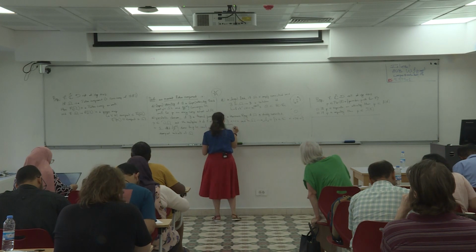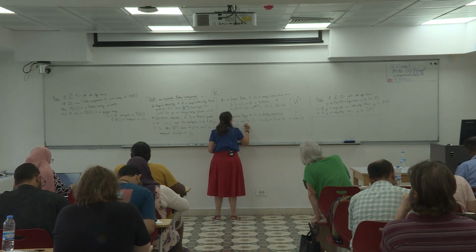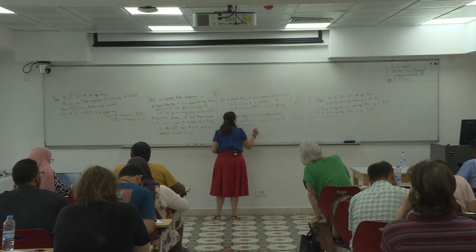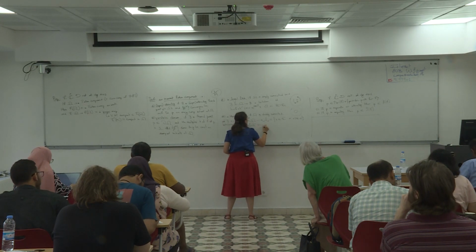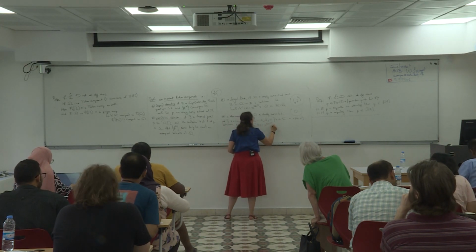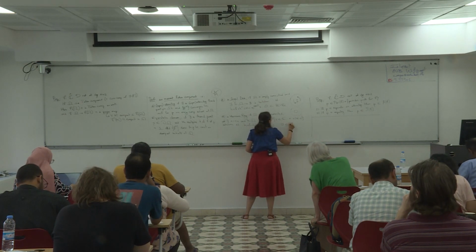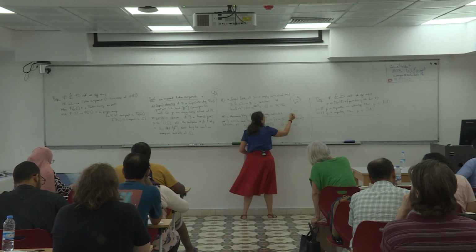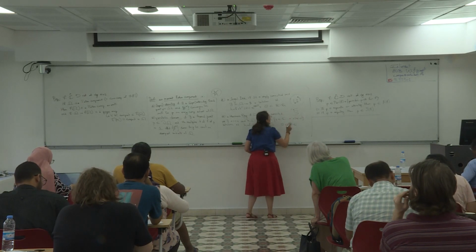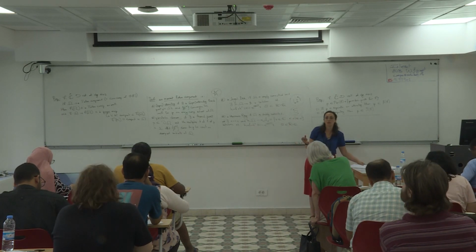Again, H composed with F composed with H inverse of z is going to be this irrational rotation that we saw. But this time you don't have a fixed point.